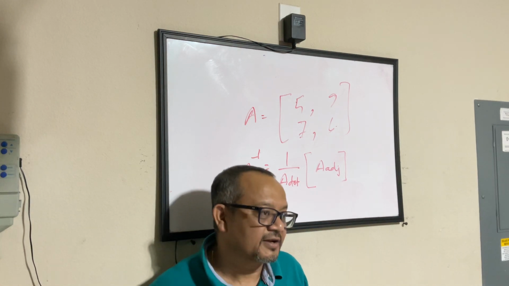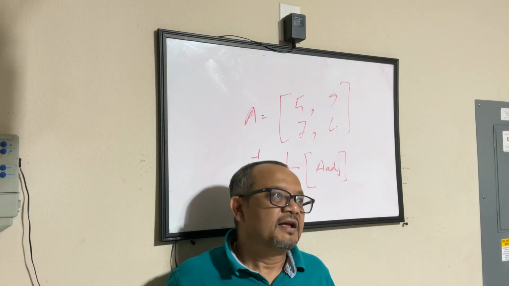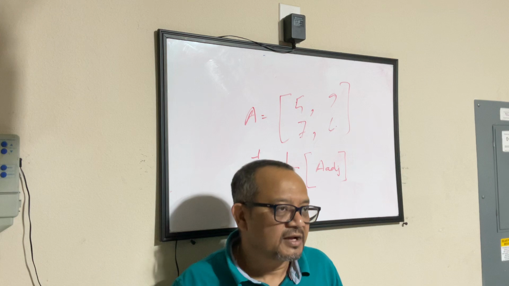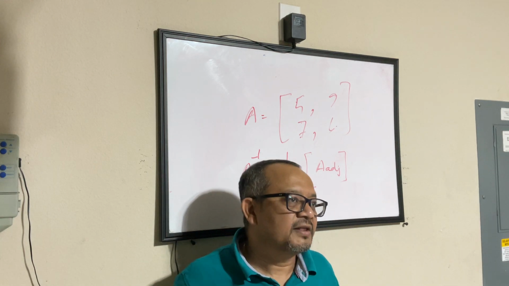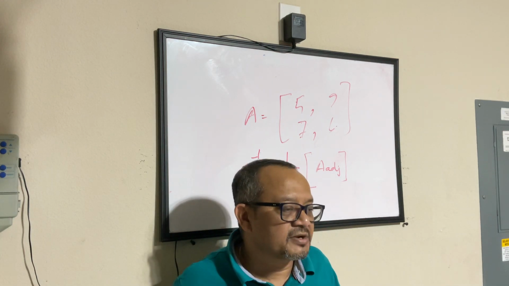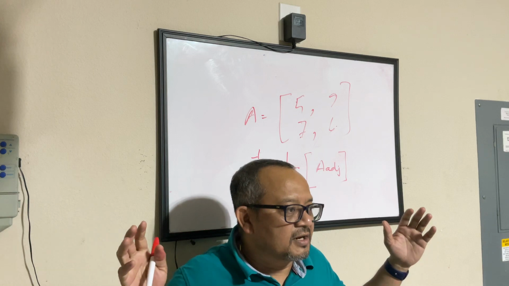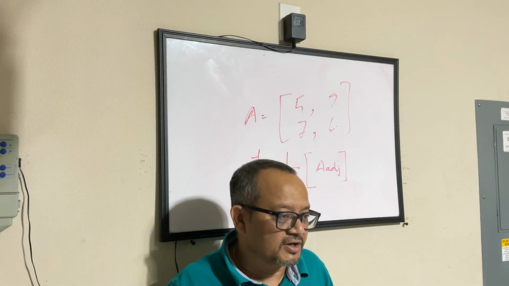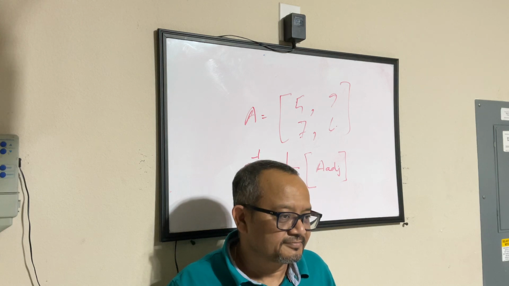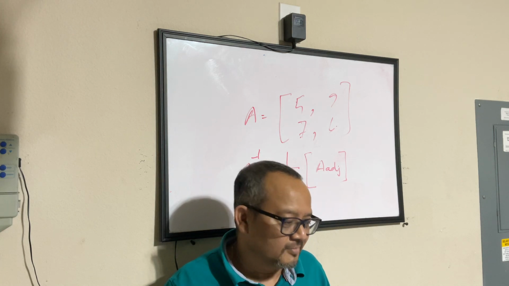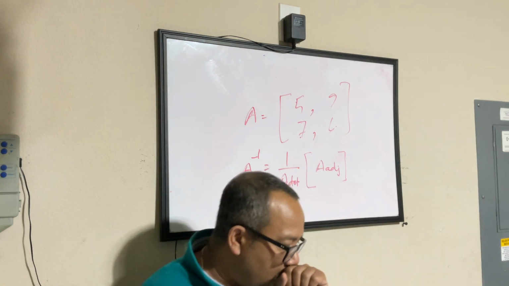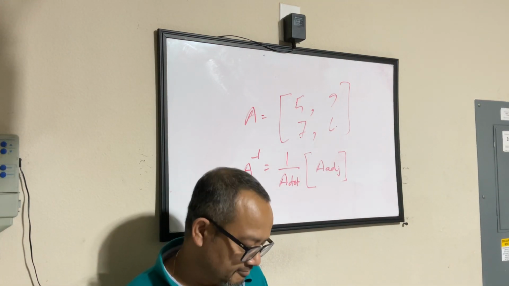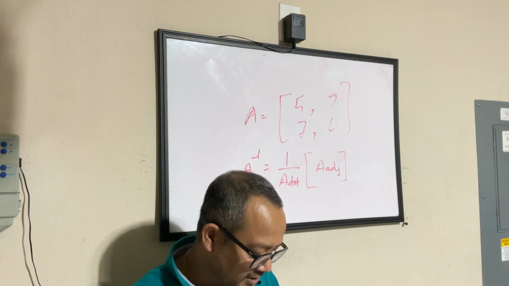Do you think that if we know that this is the way to find out the inverse of a matrix, we'll be able to find the inverse of any matrix under any circumstances? And again, I'm limiting it to 2 by 2 for now. Can I hear a confident yes?